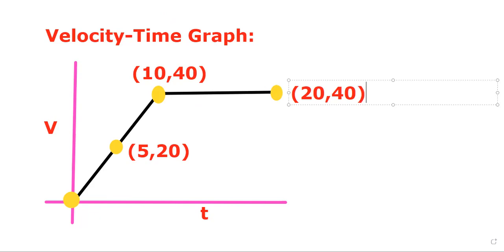Y remains the same, y is not changing. The y for this point is here, similarly the y for this point is also there, so y is the same for these 2 points. That's why y is 40 for this point, similarly y is 40 for this point as well.